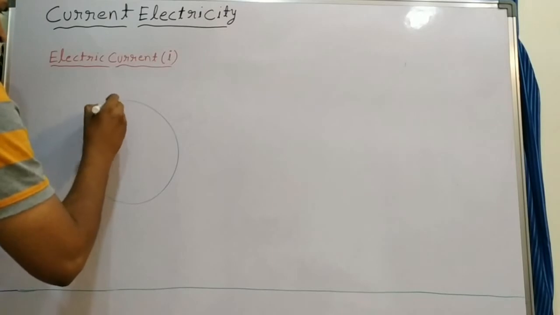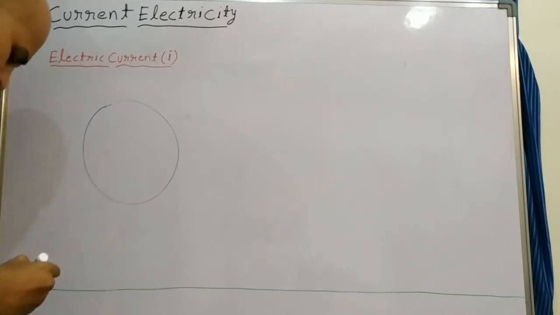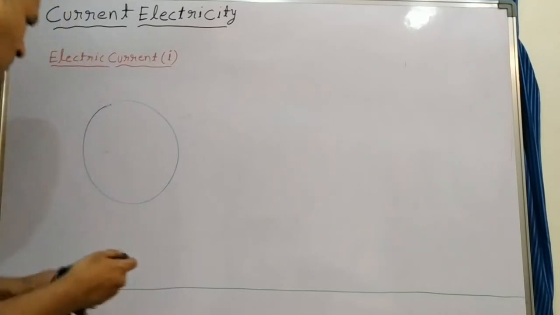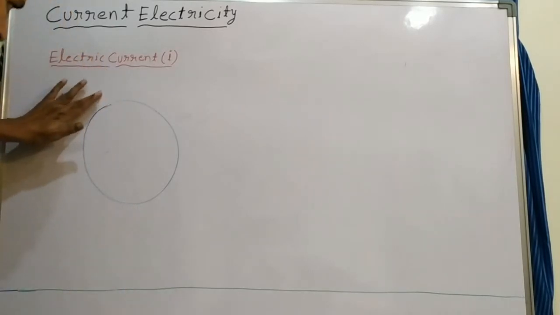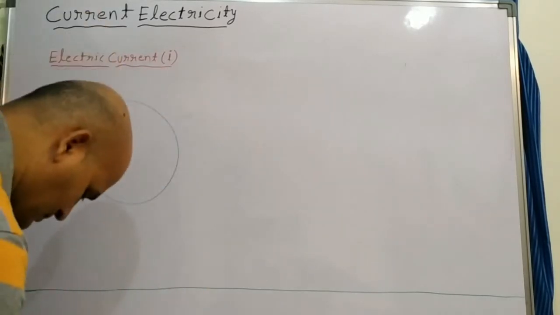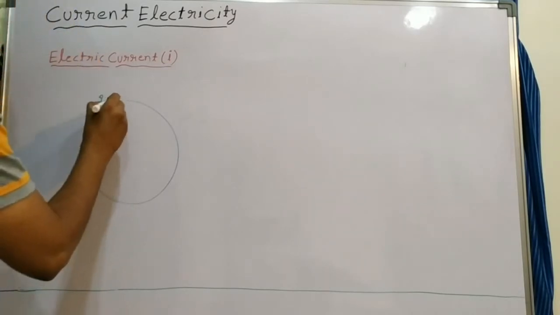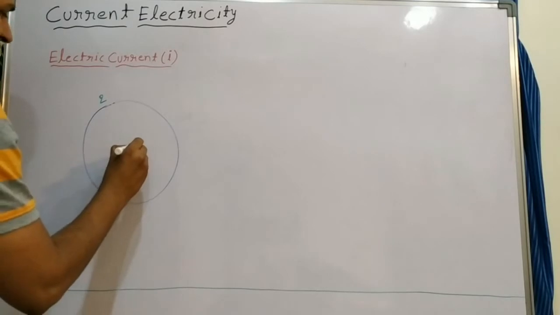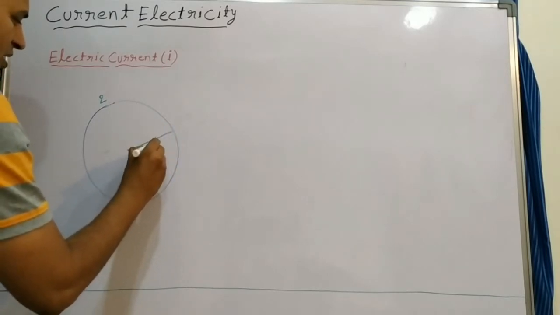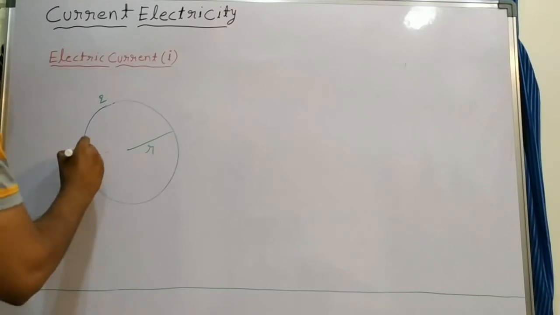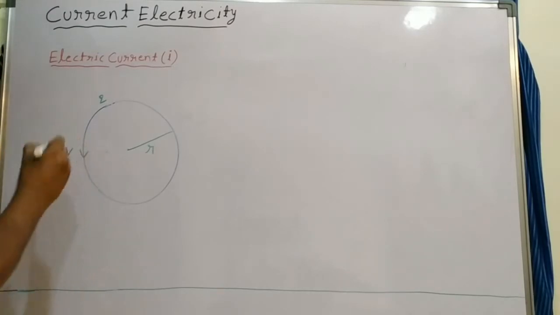Think that the charge is Q, and the radius of this circle is R. This charged particle is rotating with a velocity v.